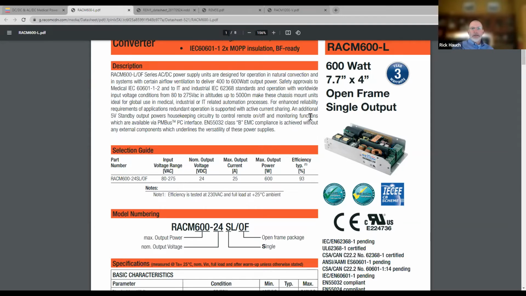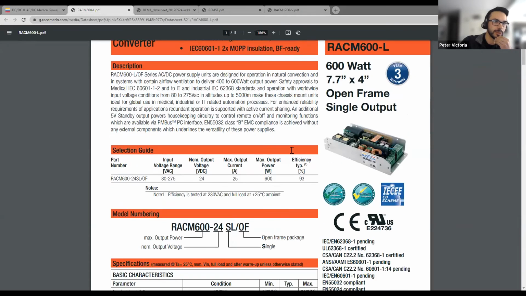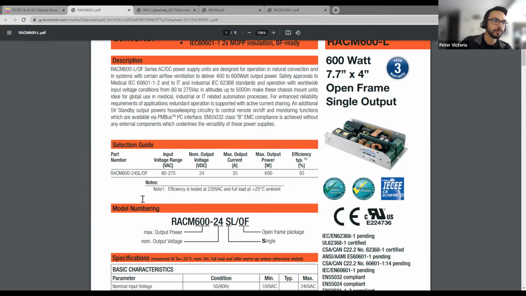On this one, go ahead, Peter. So this is 600 watt. It's a little bit bigger than what you're looking for. And the other thing is, a lot of times this isn't the nominal value. That's just an industry standard, the peak value.